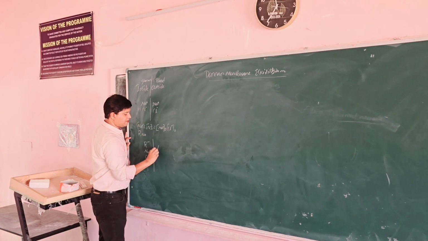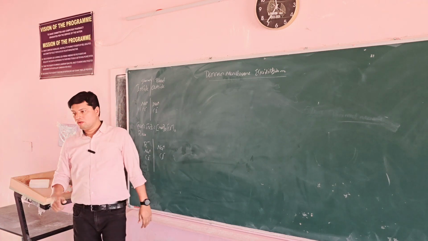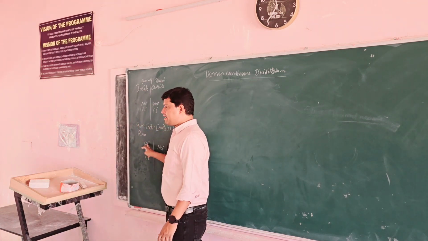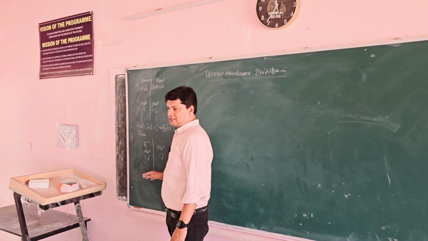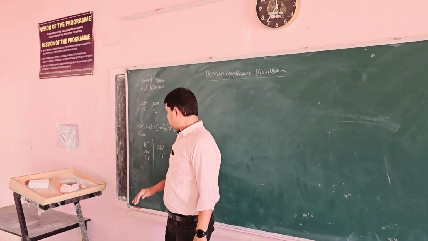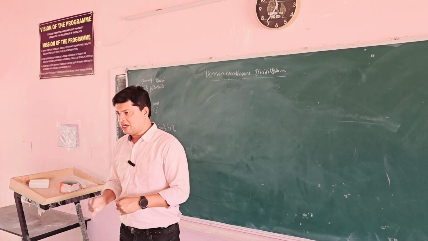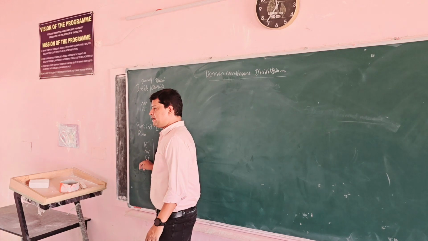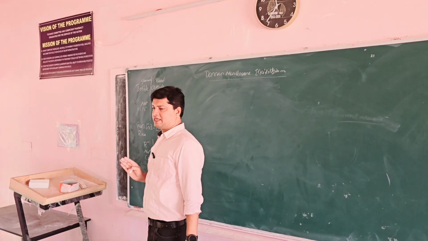Inside and outside we have Na plus and Cl minus. Now this side negative charge is more, this side negative charge is less. To compensate the charge, chlorine will move from here to there, and after some time the charge is compensated.